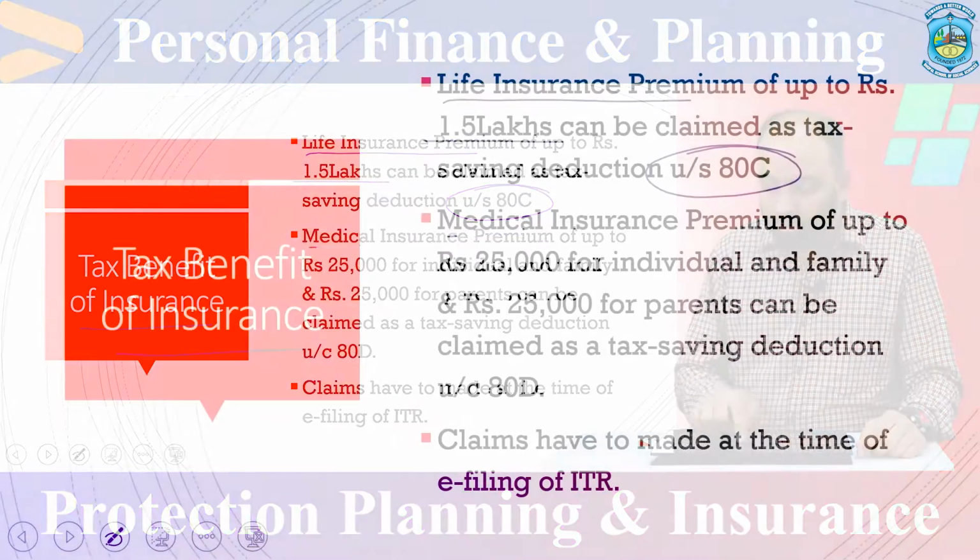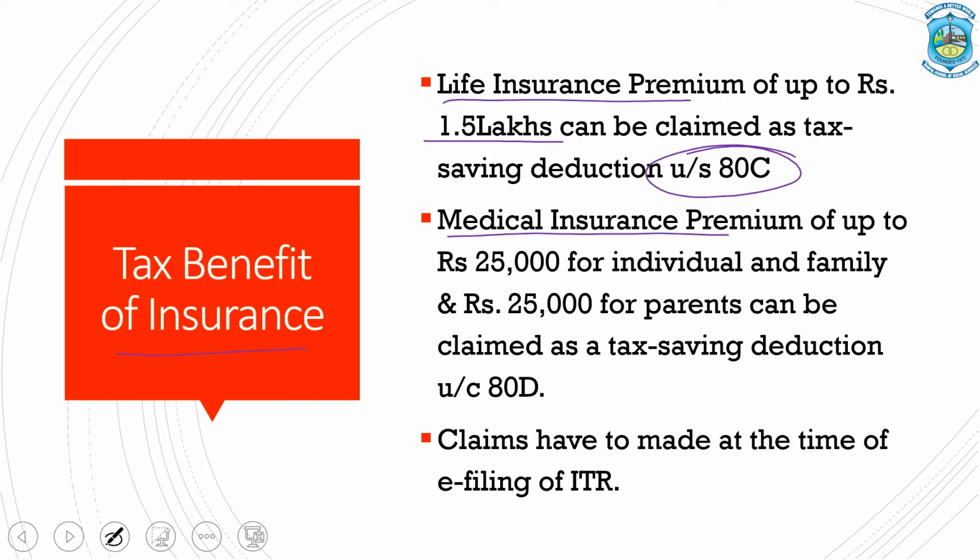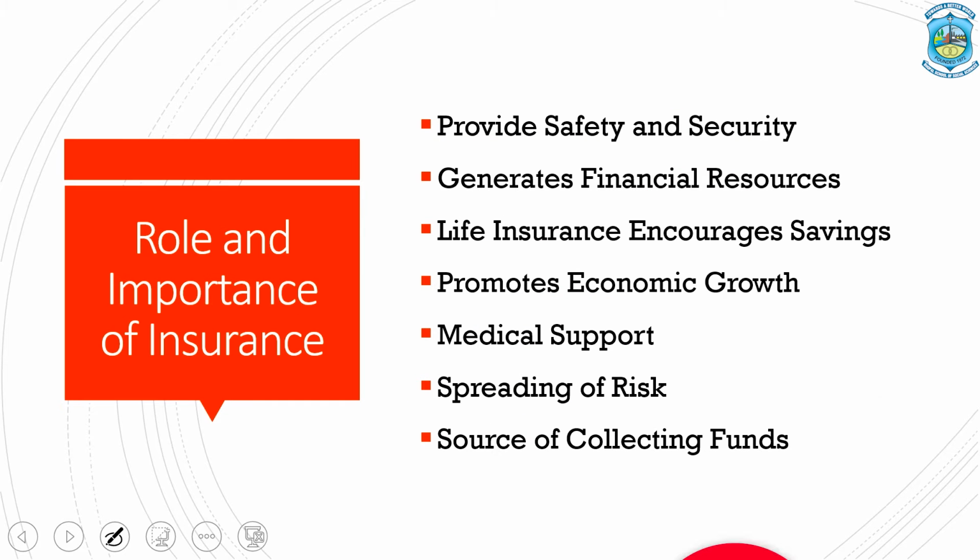Then medical insurance also has various benefits under Section 80D, in which he is going to have a cover of 25,000 for an individual and 25,000 for the parents who are dependent on you. All these claims can be made when you are filing an e-return or your ITR form.